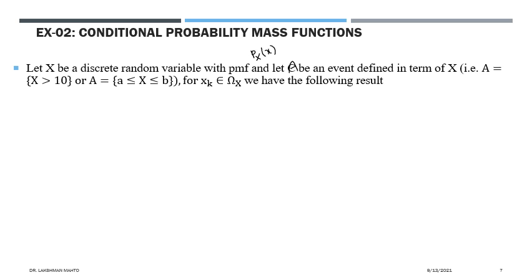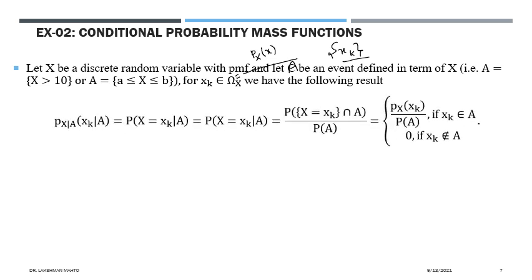Then how can we define the conditional probability mass function for x_k, the kth member of the range of x? Because x is a discrete random variable, the range can be written as a single sequence like x_k, which we have taken due to the discrete nature of the random variable.